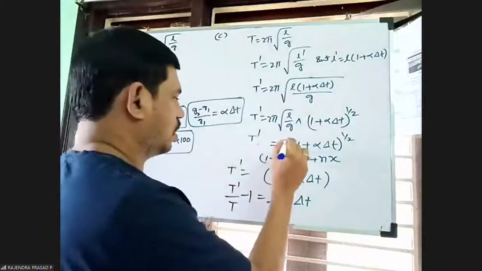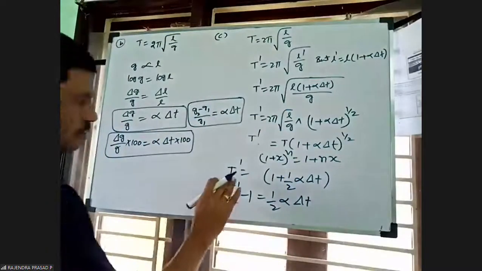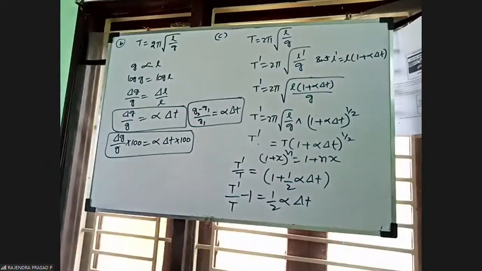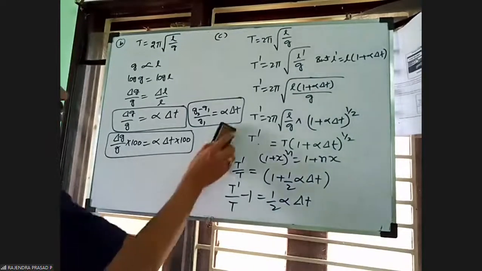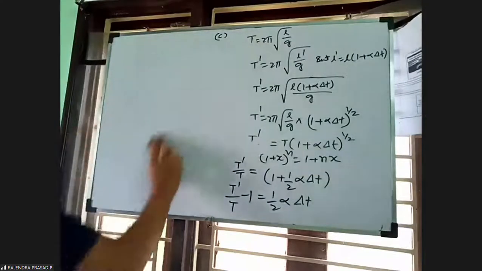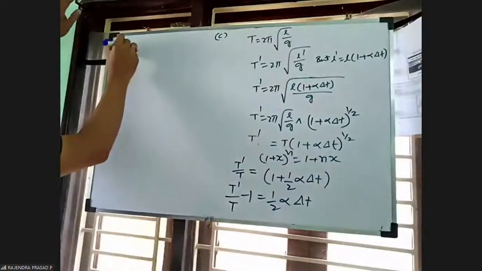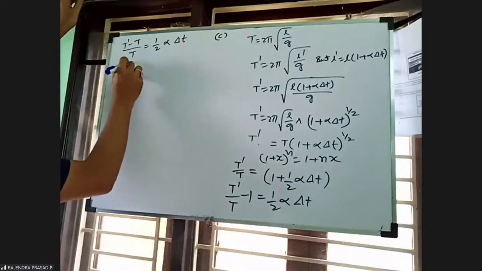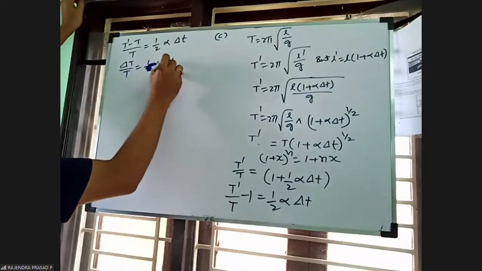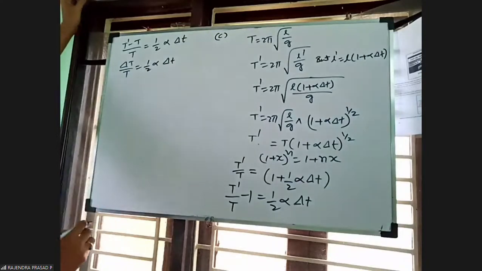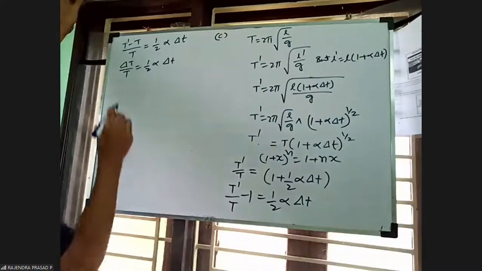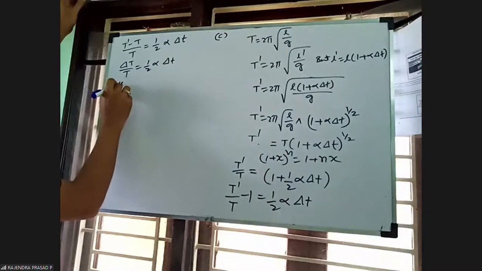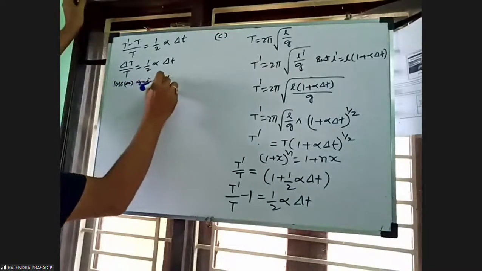The next step: T dash minus T by T is equal to 1 by 2 alpha delta T. So delta T by T is equal to 1 by 2 alpha delta T. Percentage delta T by T into 100 gives loss or gain of time.